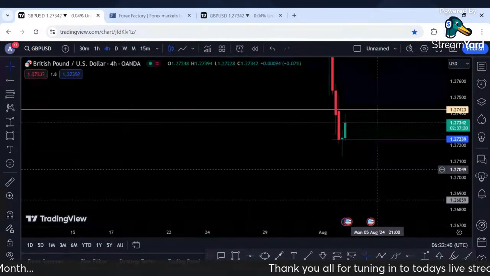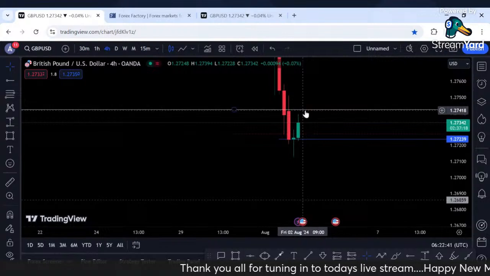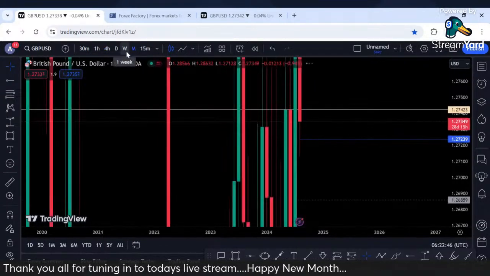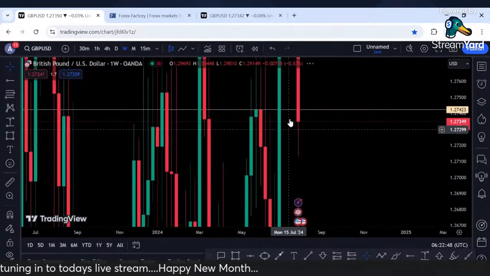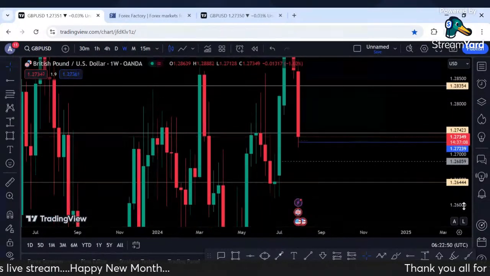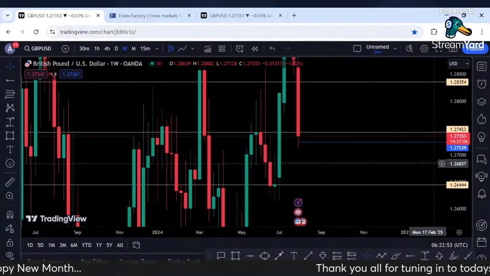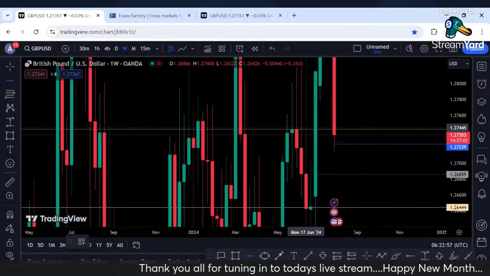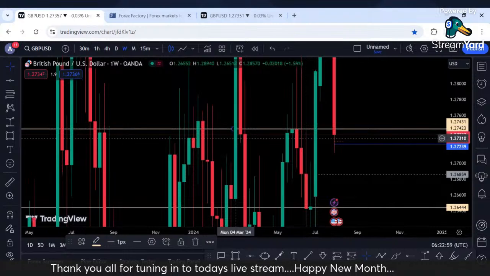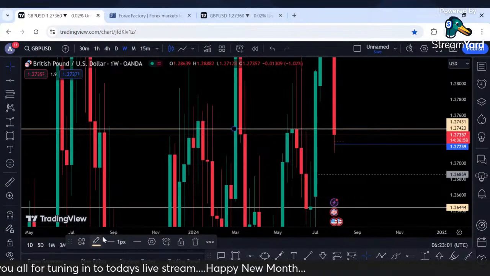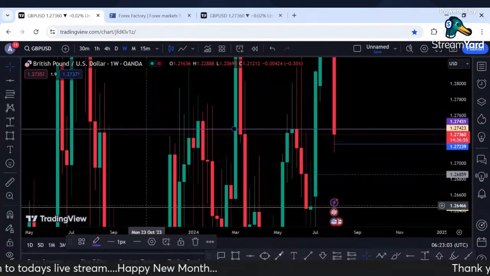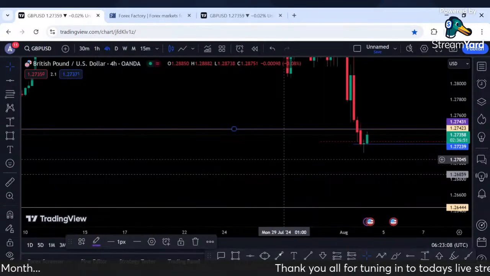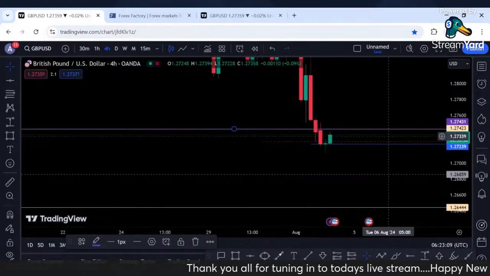I've already been saying this. You don't have to be looking for a buy, because this is monthly resistance, and this monthly resistance is at the same time weekly resistance. It's a strong area. Even though anything can happen and it can be broken, the chance of it breaking is very low.